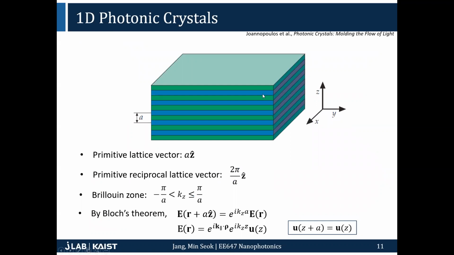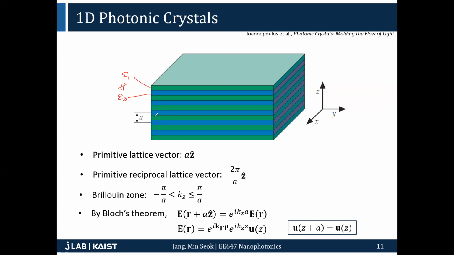Okay, so now we are ready to understand the photonic crystal. Let's begin with the simplest form of photonic crystal, which is 1D alternating permittivity layers. Here, what we want to consider is we have 2 dielectrics, green and blue, having different epsilon.